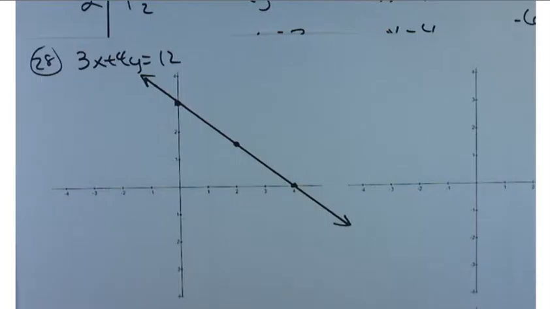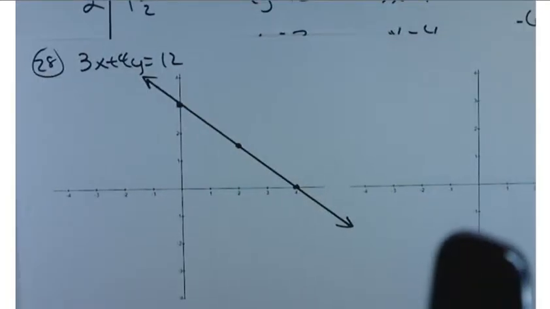Let me give you a little demonstration here. Let me close my eyes. All right. I'm going to put a point on the board. And I'm going to put another point on the board. Can I draw a straight line between those 2 points? Yeah. Well, let me try and put another point.